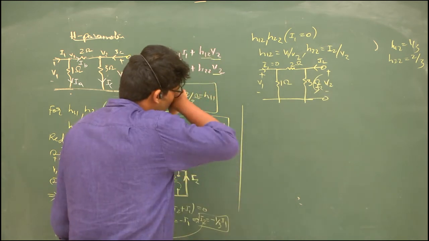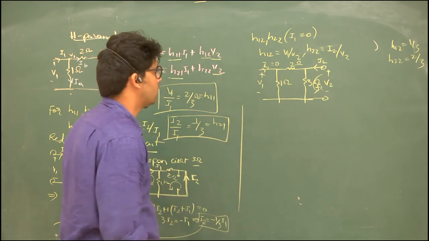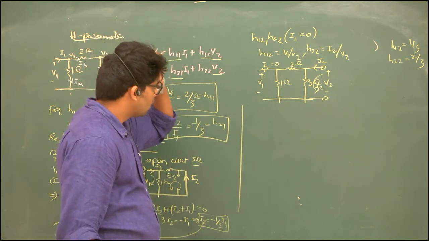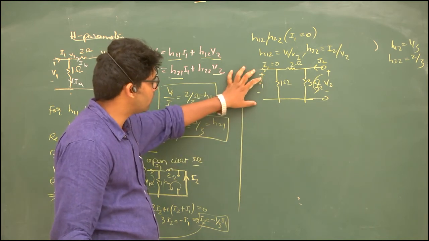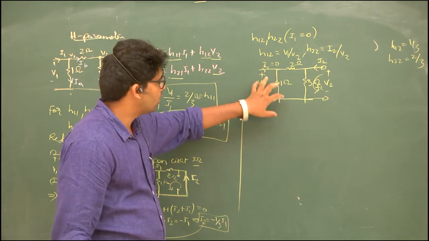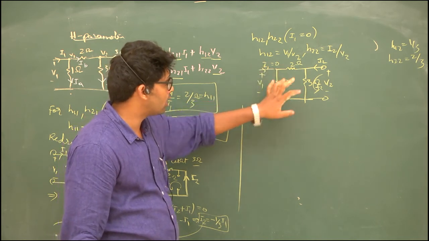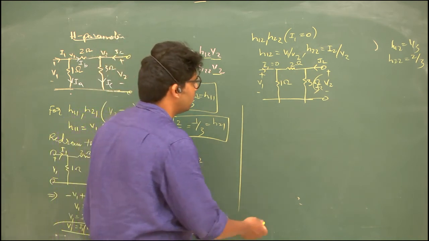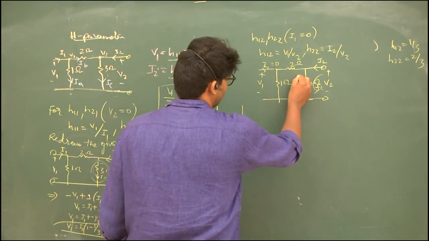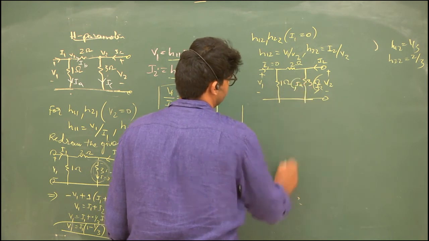So how will we solve this? Here I1 is 0, that means V1 is acting here. Since the voltage is present here, these are not in series, so there is no chance of reduction. So simply we assume a current, let us say current IA is flowing like this.